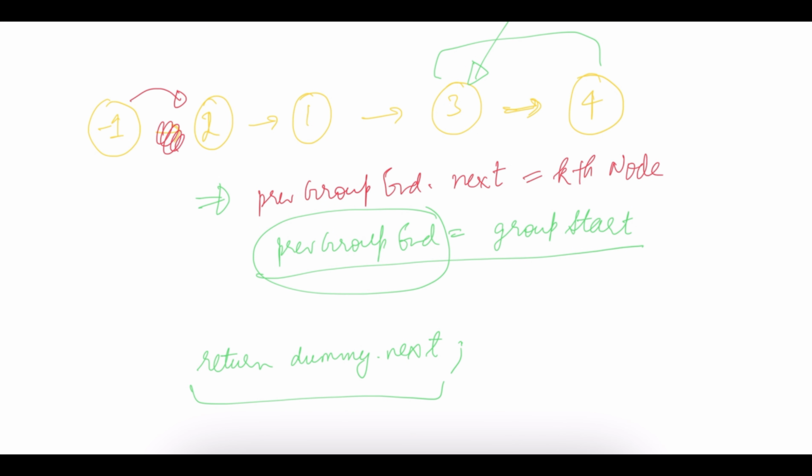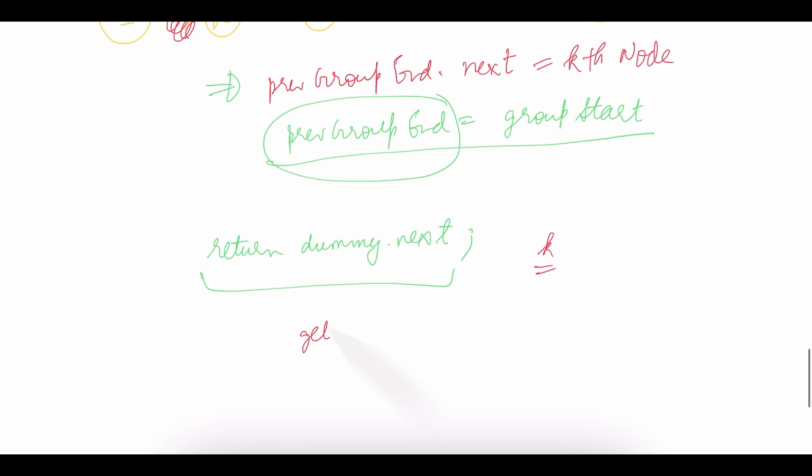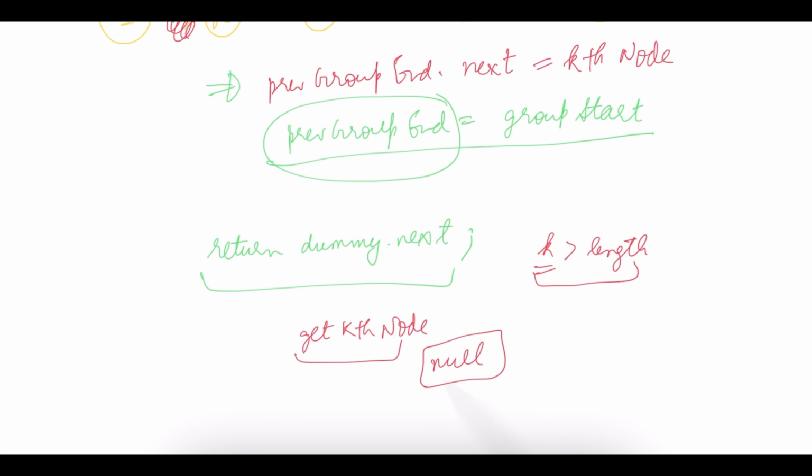Also, in what case do we have to return? For example, if our k is large, I mean k is greater than the length, but we don't know the length. So using the get kth node, we're going to reach a null node, and if our kth node is null, then that means that we cannot reverse that group, and we can simply break out of our while loop.